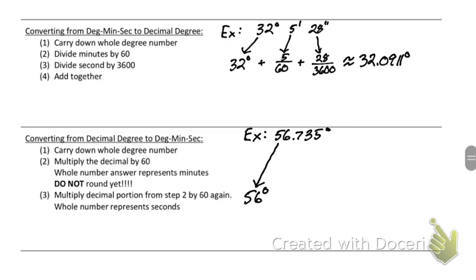Our next thing is multiply the decimal by 60. So take that decimal, multiply by 60. Let's just do that first, then we'll talk about what's happening next. So I'm taking this decimal and multiplying it by 60. So we're going to do 60 times 0.735.